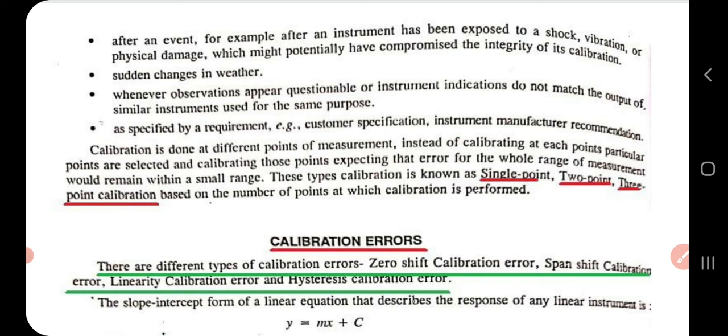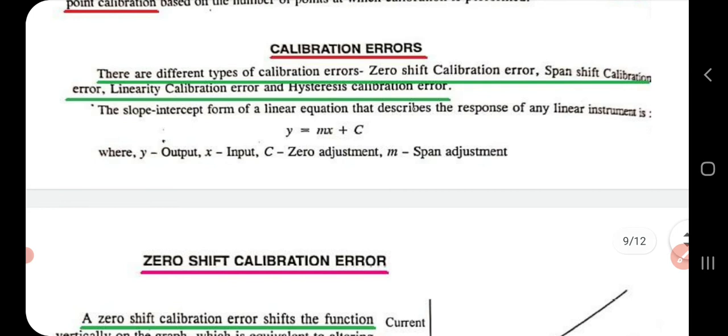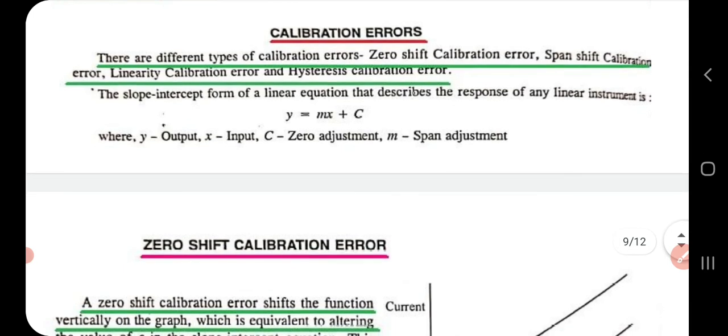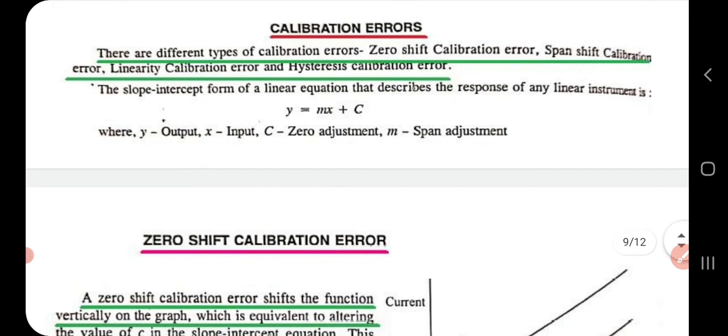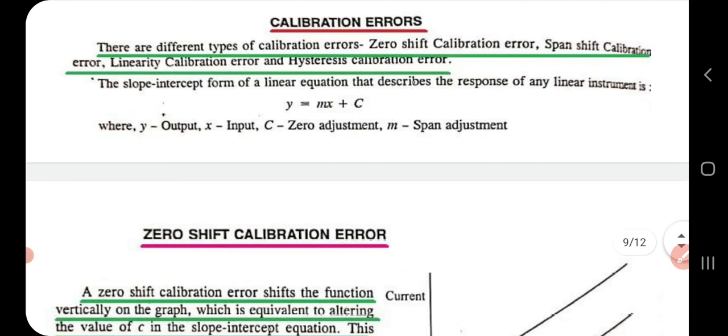The types are single point calibration, done at a single point, then 2-point and 3-point calibrations based on the number of points at which calibration is performed. Now let us discuss a few calibration errors. Some of them are zero shift calibration error, span shift calibration error, linearity calibration error and hysteresis calibration error.